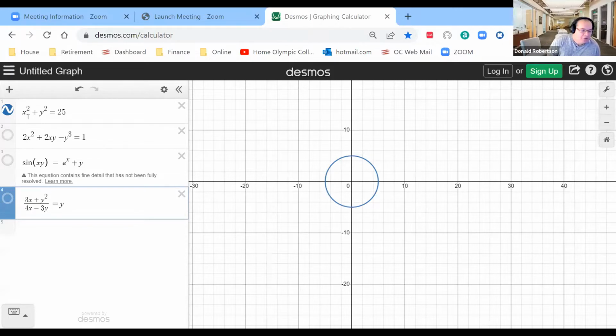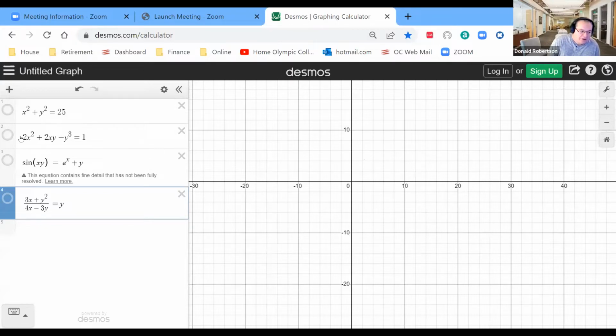Right, so x squared plus y squared equals 25 actually makes a circle of radius 5. And if you change that number to something else like 36 or 4, you just make different size circles. Let's make that one go away. Now this one is full of x squareds and y cubes and xy's.